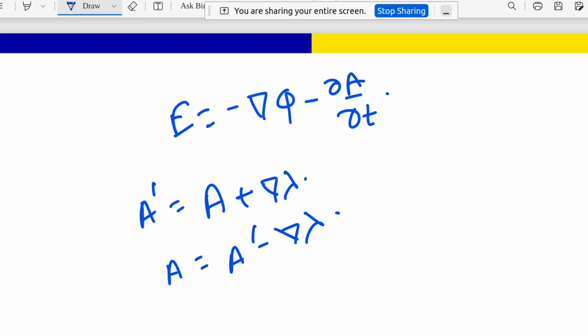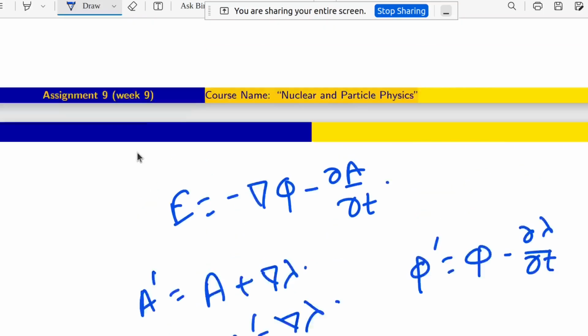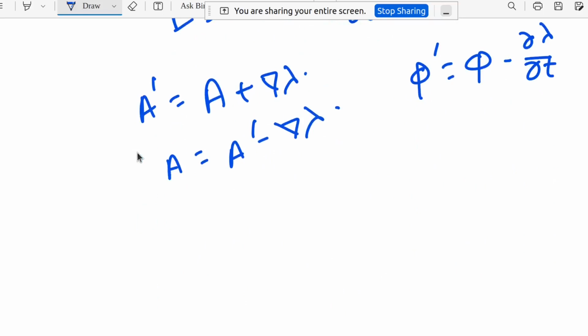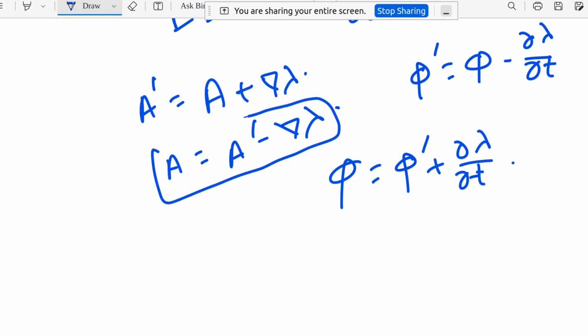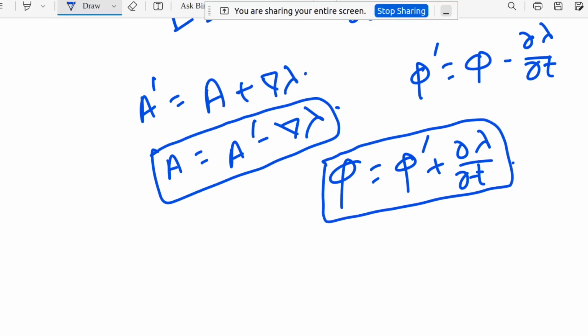And again phi prime is phi minus del lambda del t, you can see it is written here. So obviously from that expression we can write phi equals phi prime plus del lambda del t. So we have the expression for A in terms of A prime, and phi in terms of phi prime, right?